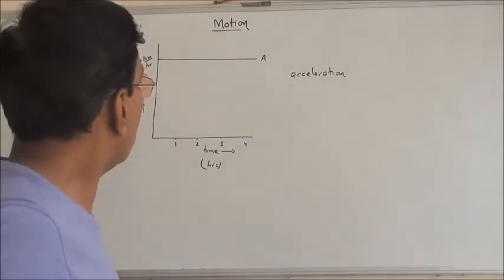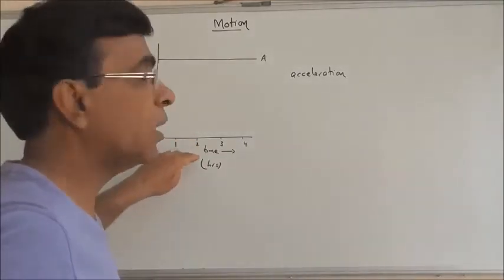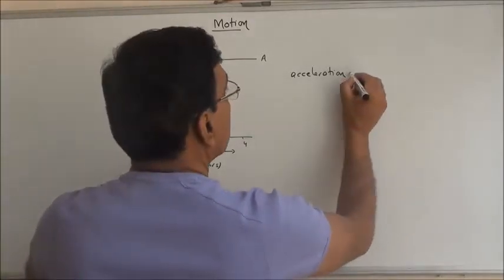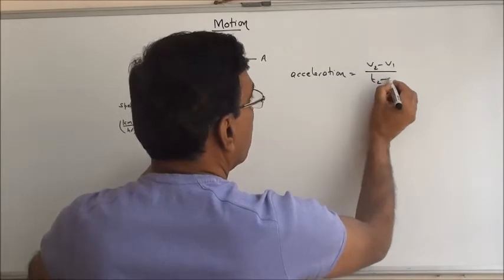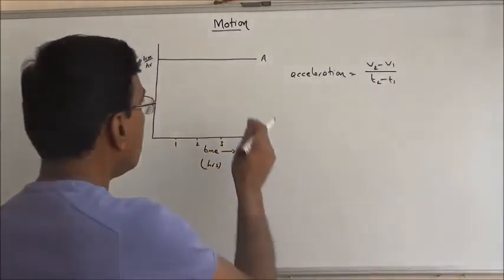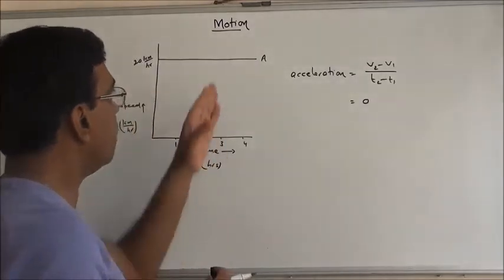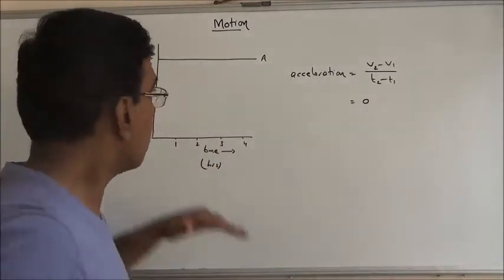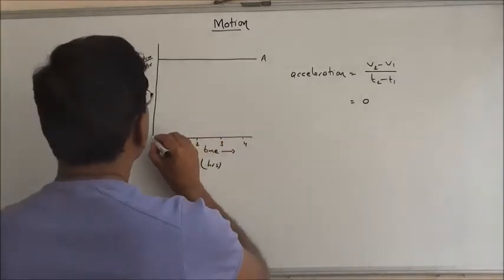Slope means this quantity divided by this quantity, the quantity on the y-axis divided by the quantity on the time axis. So it will be v2 minus v1 upon t2 minus t1. For this particular graph this is 0 because v2 and v1 are same. So 0 acceleration.